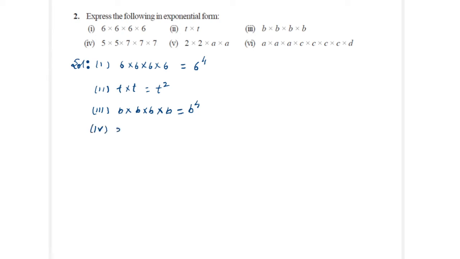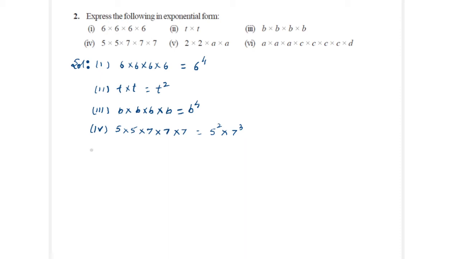It is 5 into 5 into 7 into 7 into 7. Here 5 is multiplied 2 times. Therefore it can be written as 5 raised to power 2 into 7 is multiplied 3 times. Therefore it can be written as 7 raised to power 3.